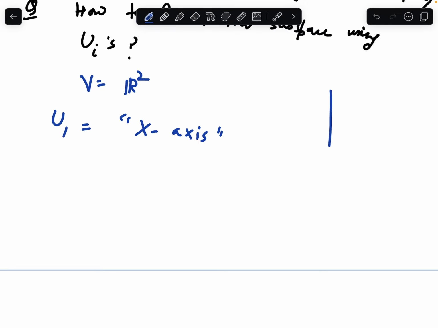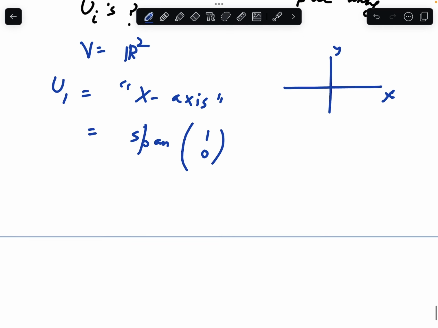Because the x-axis is a line that passes through the origin, and as I've said before, in R2, any line that passes through the origin is a subspace of dimension 1, because the x-axis is just the span of (1, 0), and span is a vector space. U2 is, let's say, the y-axis, which is the span of (0, 1).